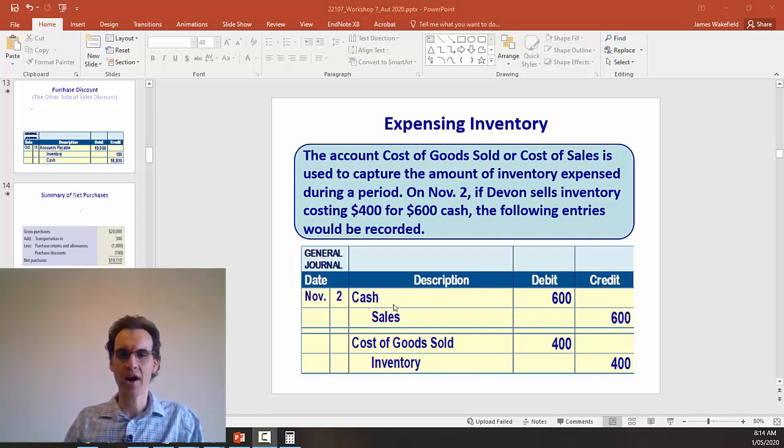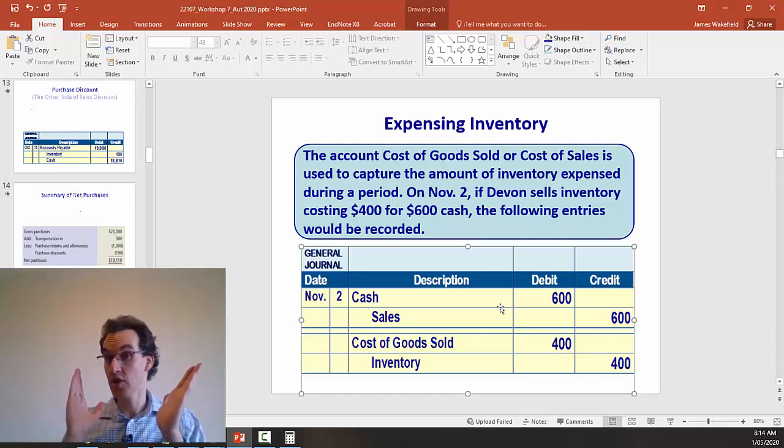We receive $600 cash from our customer. So we debit cash and we credit sales or sales revenue in this particular case for the $600. Remember, this is sales revenue. It is not service revenue. So we need to specifically have the account sales or sales revenue here that we are crediting.